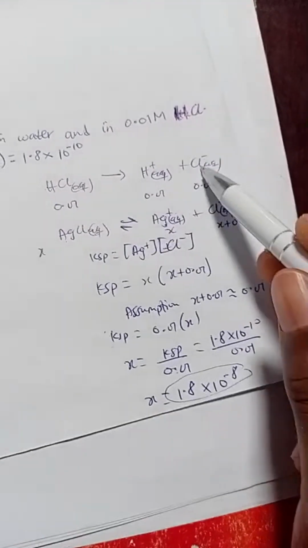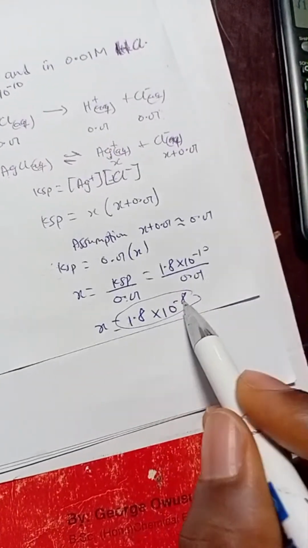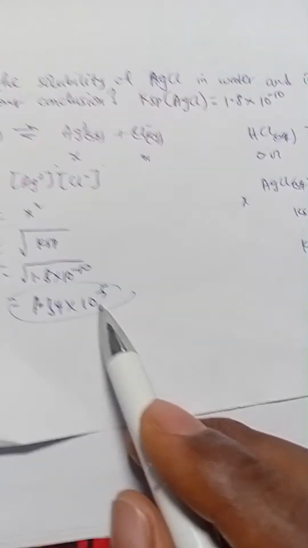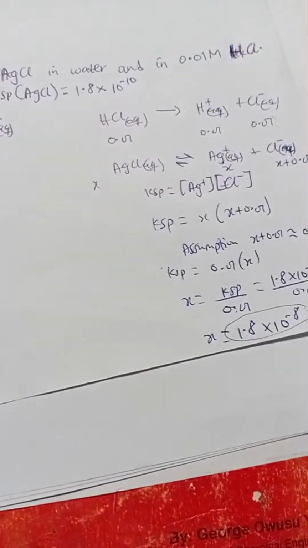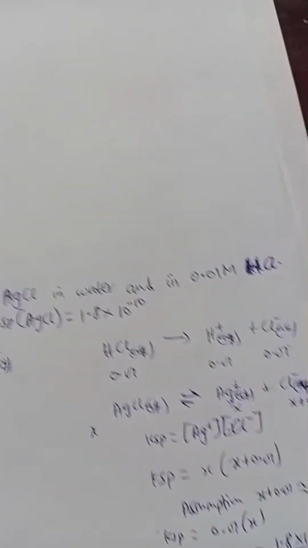The solubility of the silver chloride: 1.8 by 10 to the power minus 8, and then 1.34 by 10 to the power minus 8. So this is much smaller. So that is how you'll be tested on common ion issues. Okay, let's still proceed and solve this question, the third one. We've done a similar thing, but we can still do it again.